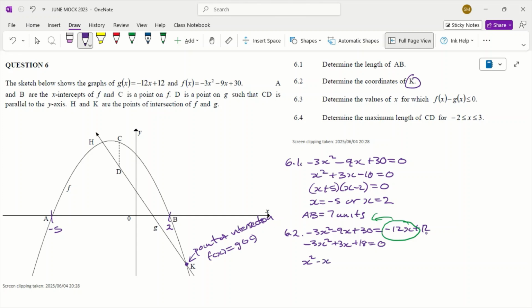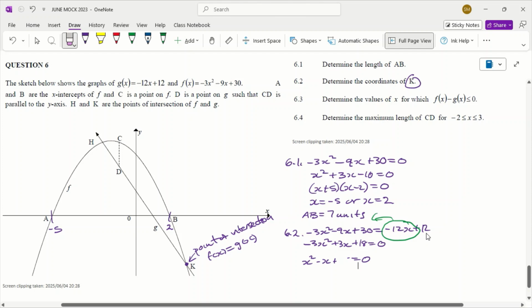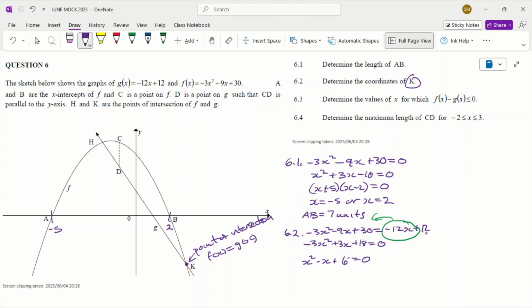And then now we can factorize using the product law. So this is going to be x minus 3 and x plus 2 is equal to 0. Then x is equal to 3, or x is equal to negative 2.